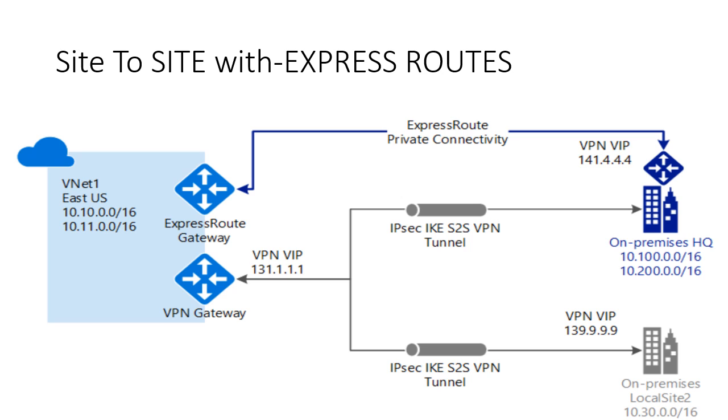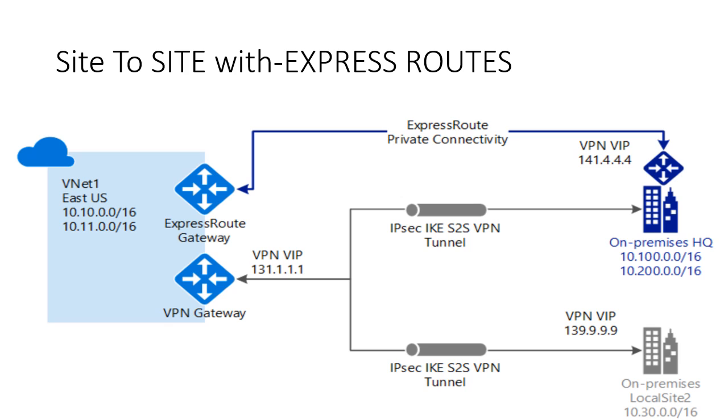Apart from that, as you can see, ExpressRoute connectivity is between your HQ and your virtual network on Azure. And here you can see VPN is connected on this public IP with your HQ. So it's a failover connection for you.